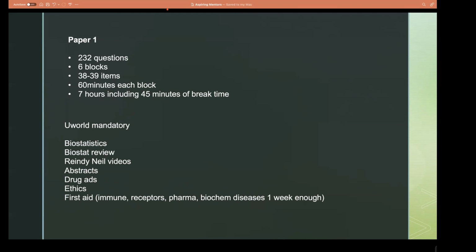You have mentioned First Aid here, so should we go for First Aid Step 1 or First Aid Step 2? Which First Aid should we refer to? The first one, and you can do it in the last week. It's easy to do, because in the last week I was doing 1 or 2 hours daily, and not more than 2 hours.